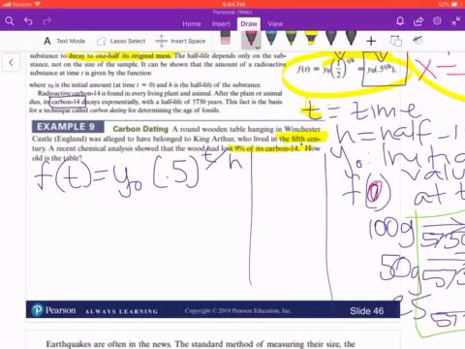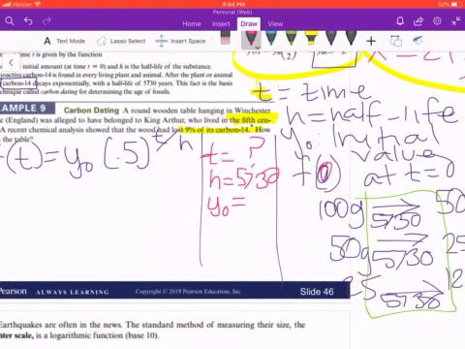Well, first the question is how old is the table? So t is equal to the unknown variable. H will be the half-life of carbon-14, which is 5,730. And we have the initial value, which in this case was the value that it was found to have.